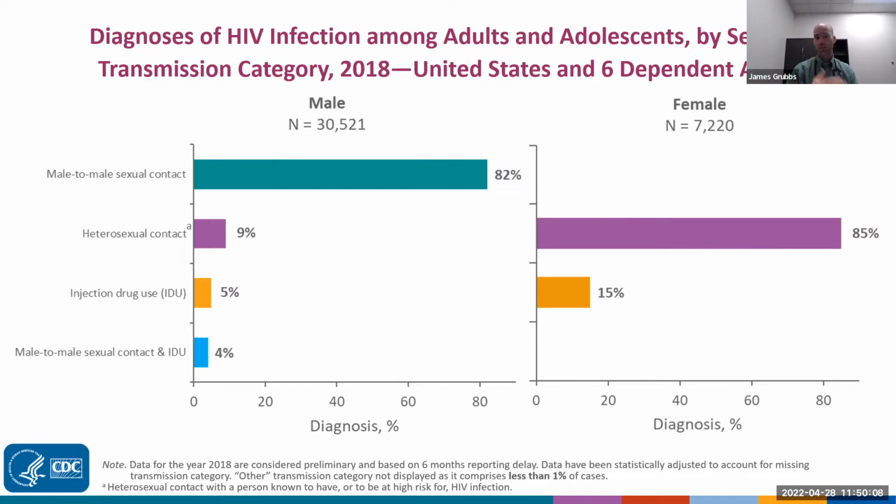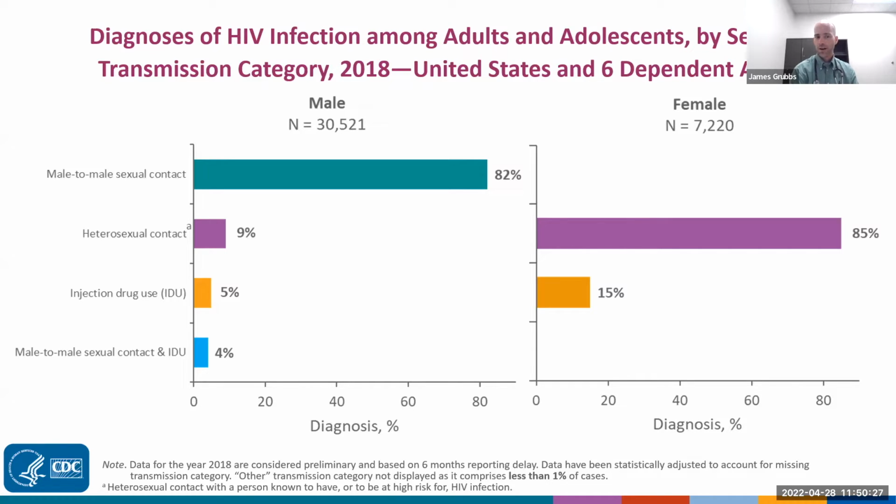When we look at men, the highest risk factor is men who have sex with men, but there's been an increasing trend with injection drug use being a risk factor, and there's a significant proportion of men with HIV where the primary risk factor is heterosexual contact.